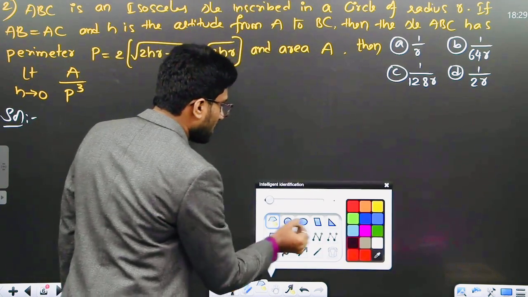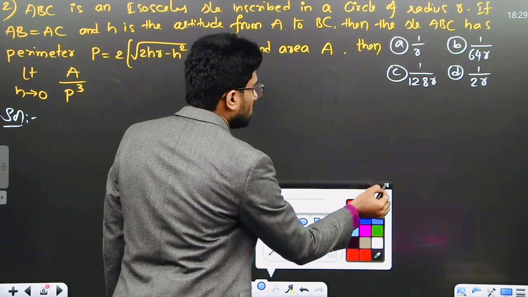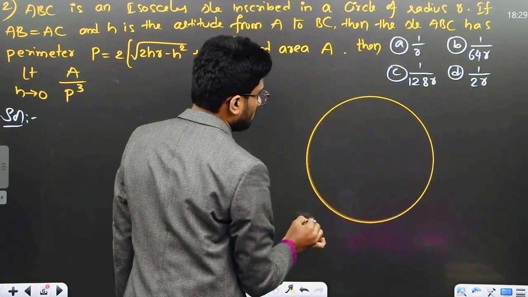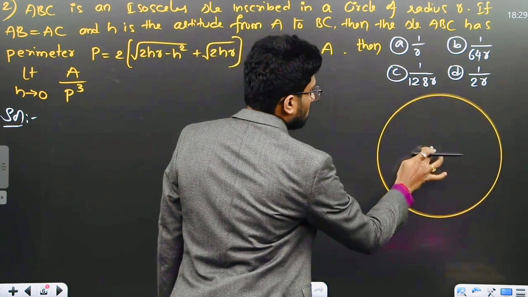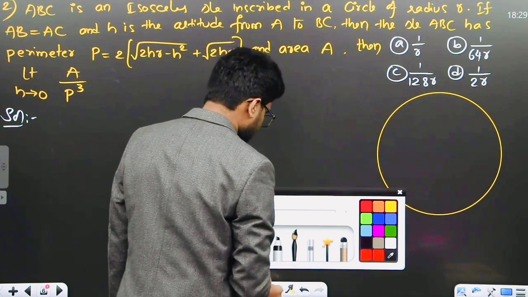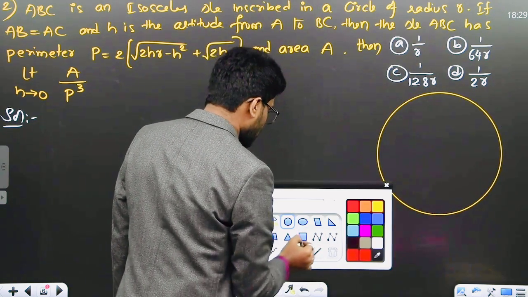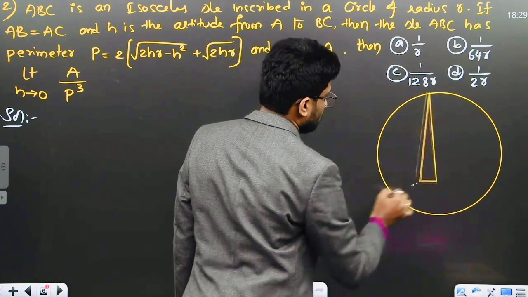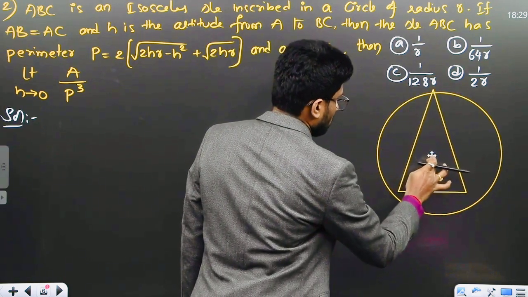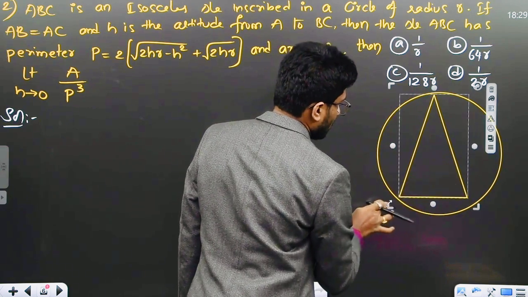First let's draw a circle. Let's draw a triangle also, an isosceles triangle.